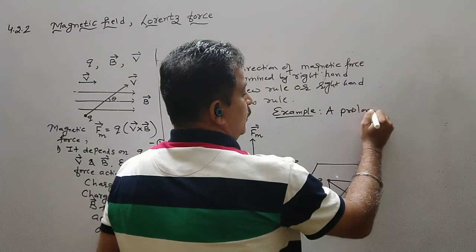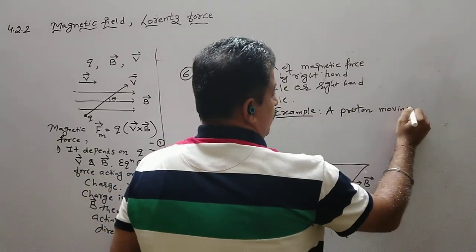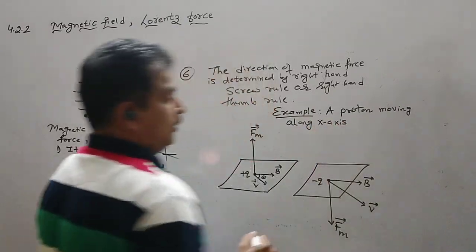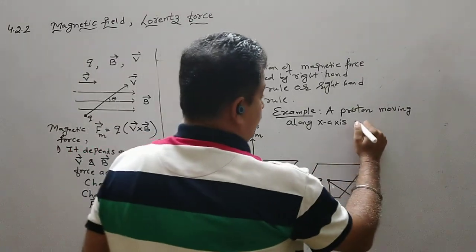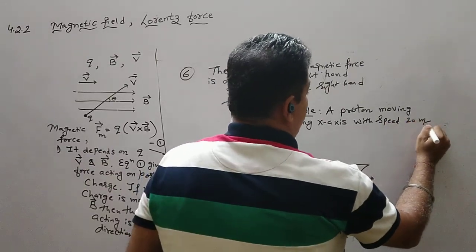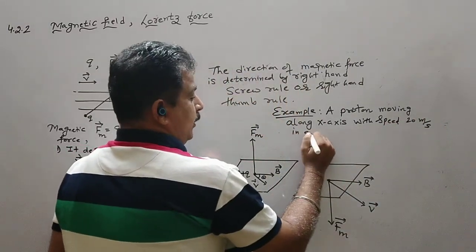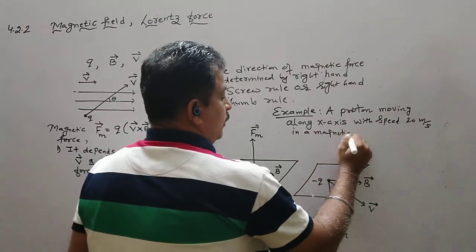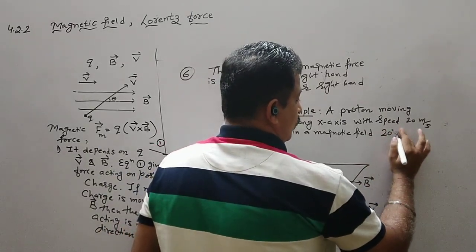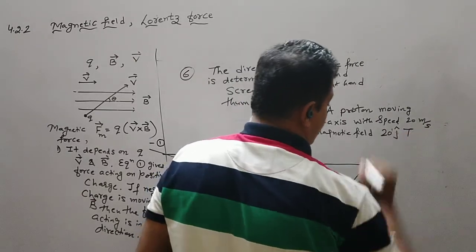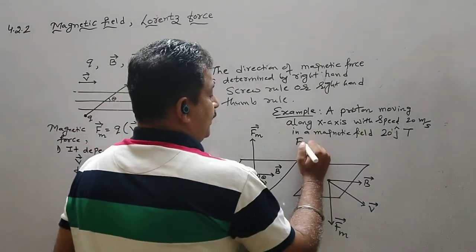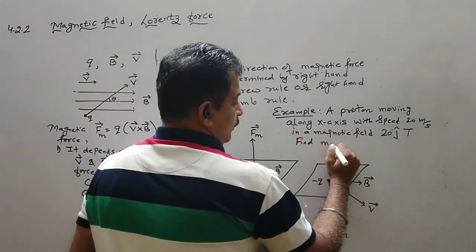A proton is moving along the x-axis with speed 20 meter per second in a magnetic field of 20 Tesla, or 20 j Tesla. So the magnetic field is along the y-axis. Find the magnetic force.